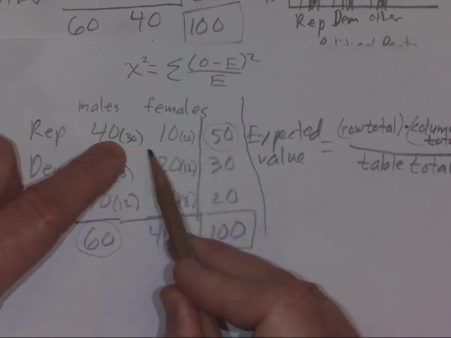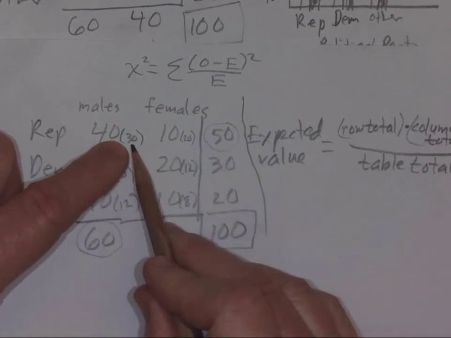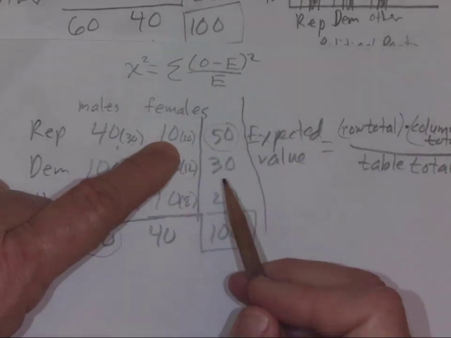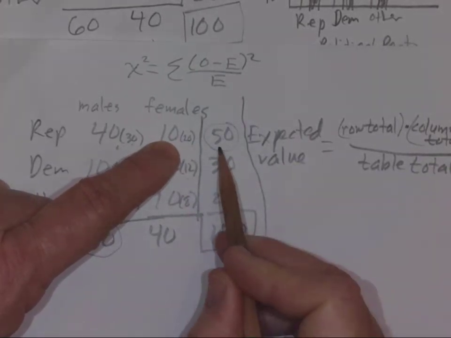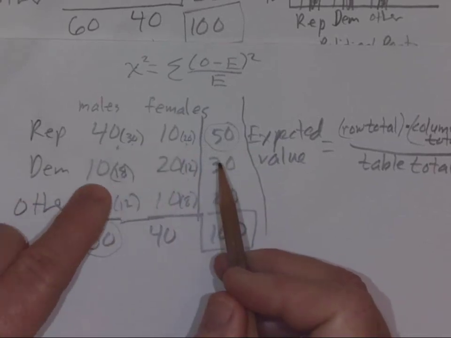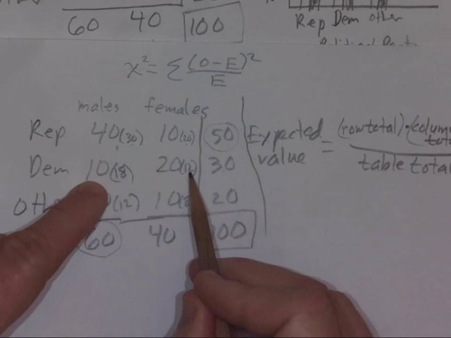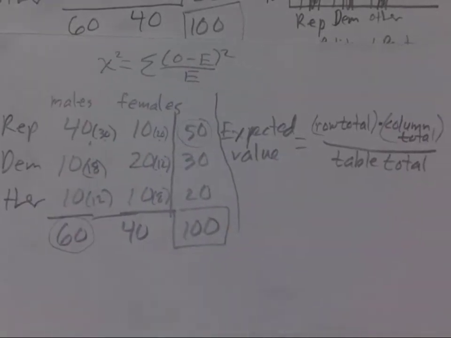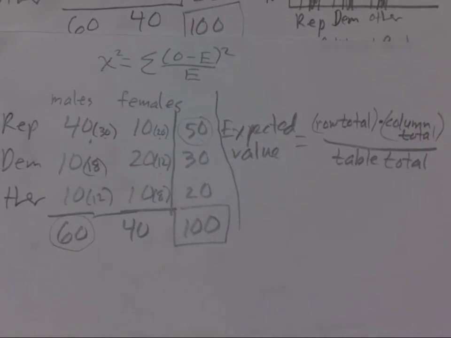And so that would be 0.6 times 50, which is 30. And in regards to females, I'm expecting 40% of them to be female, and so that would be 0.4 times 50. And in regards to the Democrats, it should be 60% males and 40% females, and so forth. So that is sort of the theory behind it, and you've got to memorize, in essence, that formula.